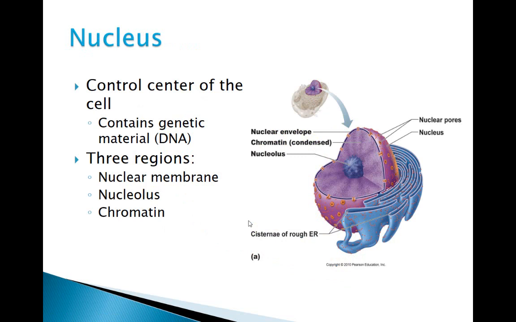And the last component is the nucleus. It's the control center of the cell. It contains genetic material, DNA, and it has three different regions: the nuclear membrane, which is all the way around the nucleus here, and this nuclear membrane is very porous, as you can see. It allows ribosomes and other things to move back and forth between it, but the DNA should never leave the nucleus, okay?